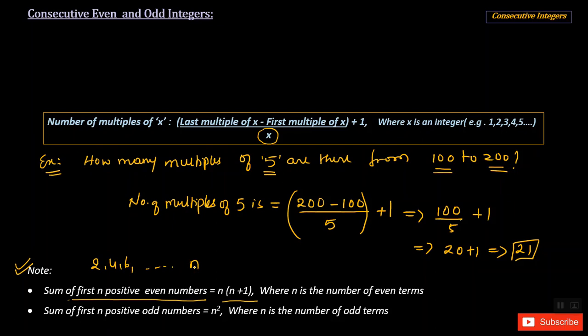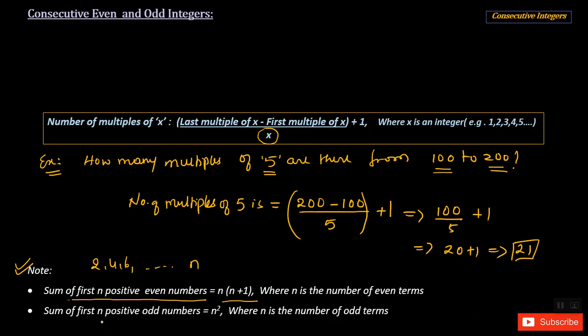So like if I say what is the sum of first 100 even numbers, so n is 100, the first 100 even numbers. So you'll be doing the 100 times 100 plus 1, like that, right? So this is the faster way, no need of calculating how many terms and so on. This is the faster way to solve the sum of first n positive even number.